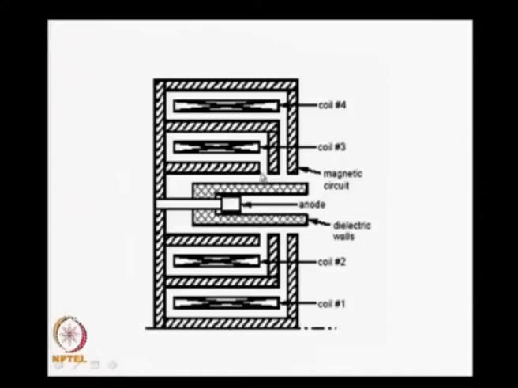I put a magnet here, this is the annulus, I put a set of magnets here, and I have a strong magnetic field. Since we talk of numbers, I think we should have some numbers for the field. We said that the Earth's magnetic field is around 0.4 times 10 to the power minus 4 Tesla.